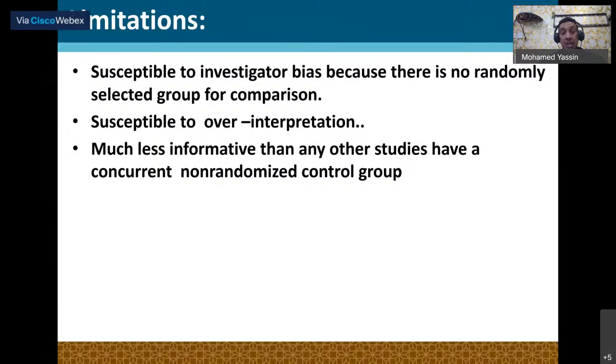Number two, there is a susceptibility to over-interpretation of the result, because usually when you are testing a new hypothesis as an investigator, you will be so excited to get a positive result that you may over-interpret or magnify your result. The third one is that it's much less informative than other studies that have a concurrent non-randomized control group.